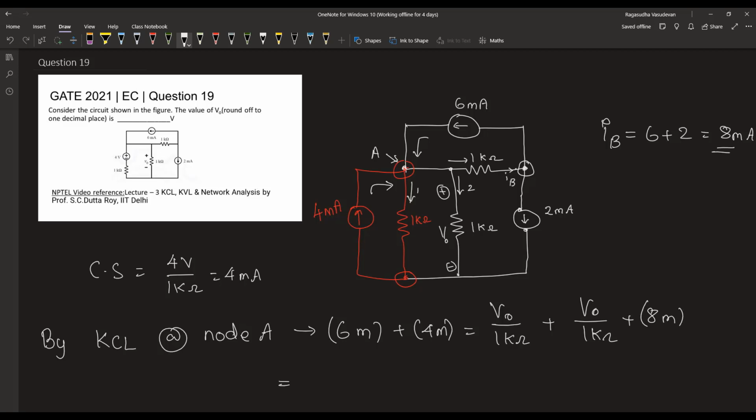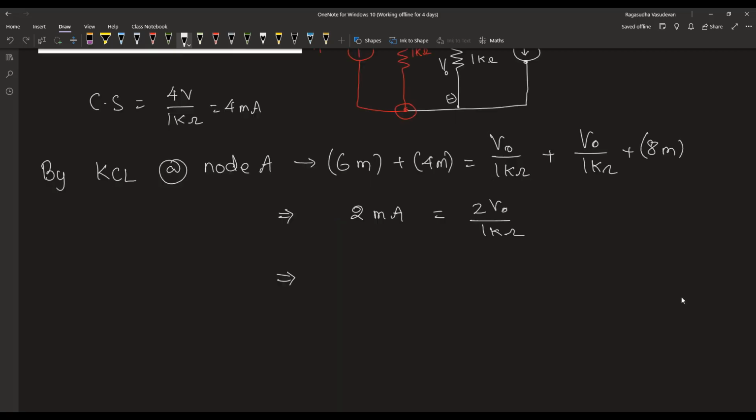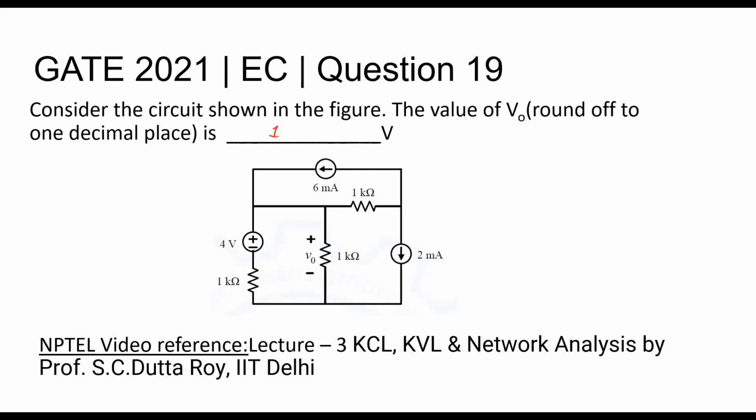So this implies 6 plus 4 is 10, 10 minus 8 is 2 milliampere. 2 milliampere will be 2 V0 divided by 1 kilo ohm. So this implies V0 is equal to 2 milliampere into 1 kilo ohm divided by 2. So V0 is equal to 1 volt. The answer is 1 volt.